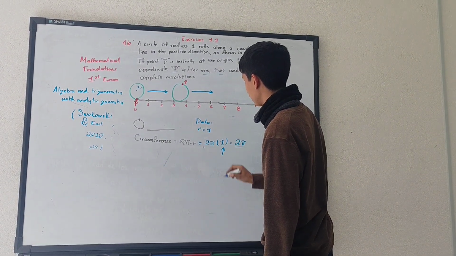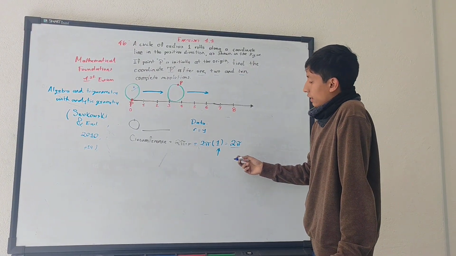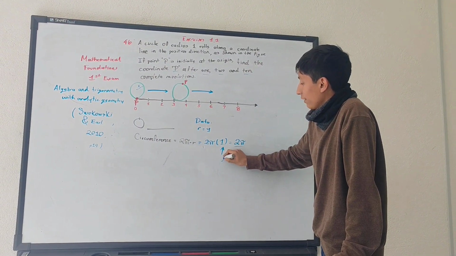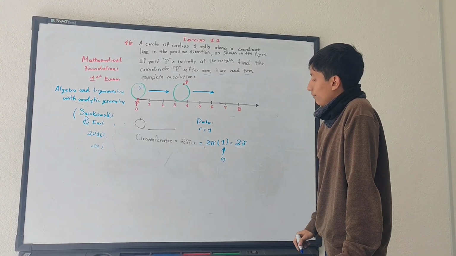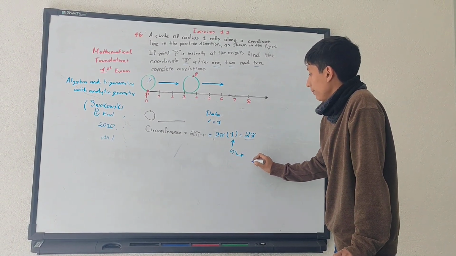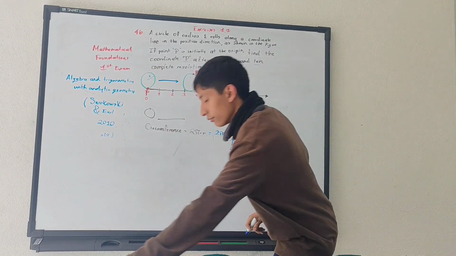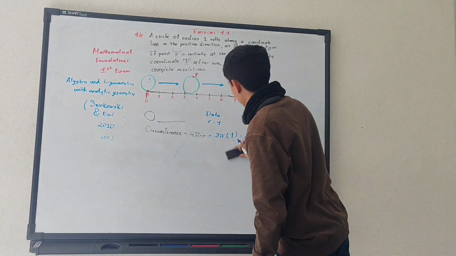If, for example, this instead of 1 were 5, then the result would be 10 pi, but that's not the case here.